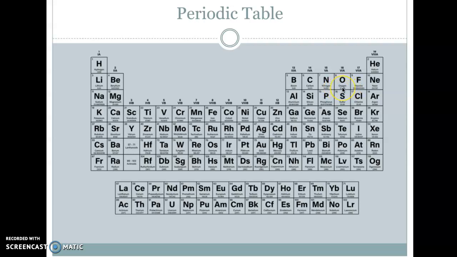Like oxygen, it says 15.999; we can round that off to 16.0. Something like fluorine, it says 18.998; we can round that off to 19.0. So we can take the numbers for the atomic masses, round them off to a tenth of a gram, and that's going to be the mass of 1 mole of all those elements.